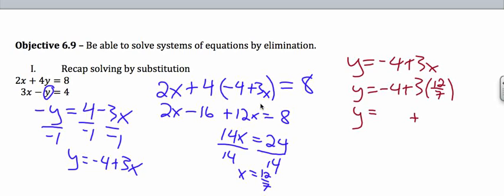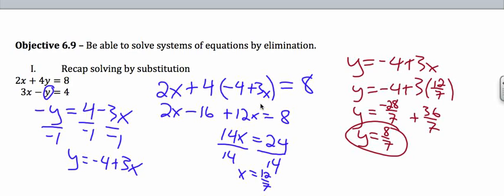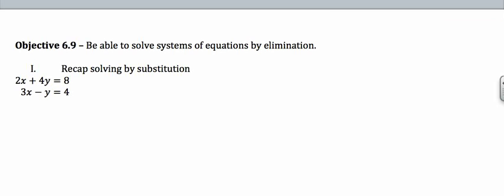So I get 36/7 when I multiply 3 times that fraction. In converting negative 4 into sevenths, I get negative 28/7. Add those together, and I get y equals 8/7. So we got two fraction answers. Fractions are fun. I prefer fractions over decimals because decimals we often round and then they're not really exact answers.